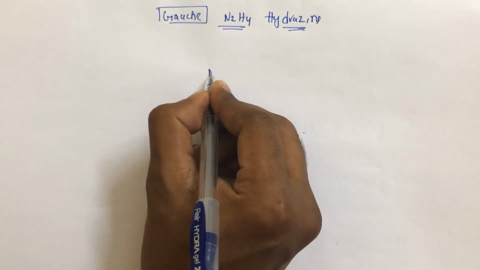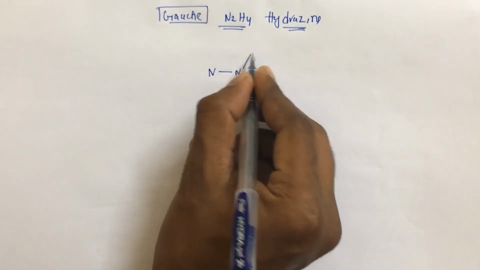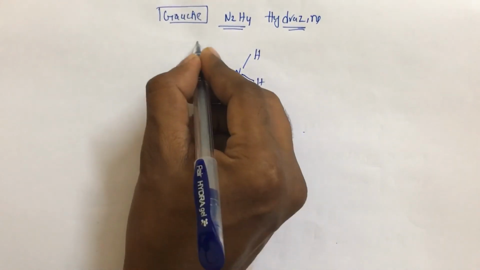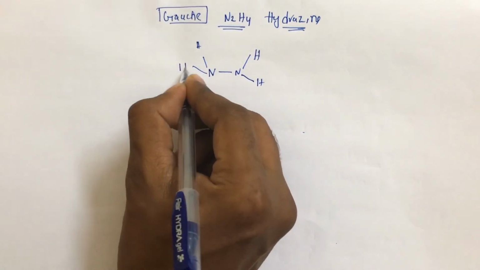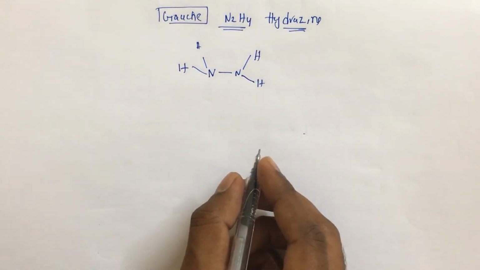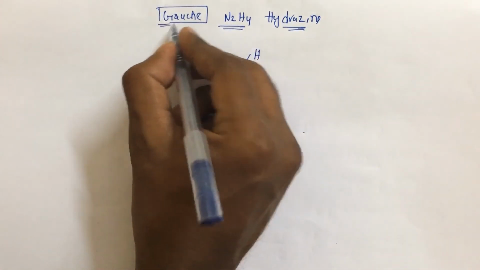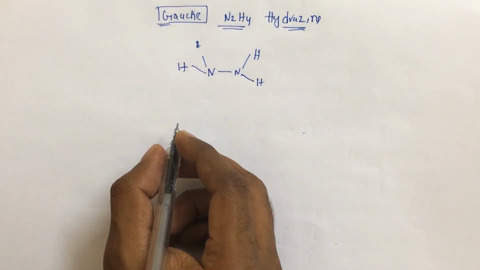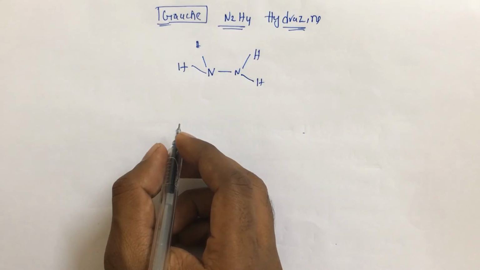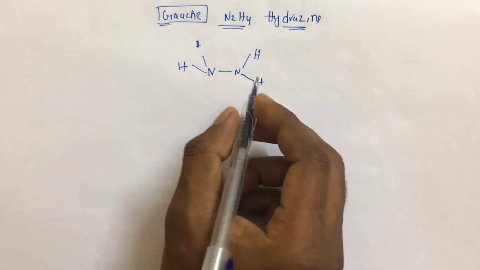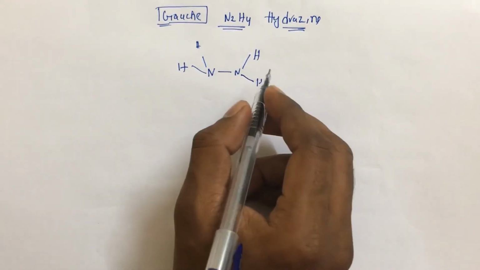It exists like this: nitrogen, hydrogen, hydrogen. This is the structure of hydrazine, and it adopts the Gauche conformation. Preparation methods are not required. Just remember the hydrazine structure.